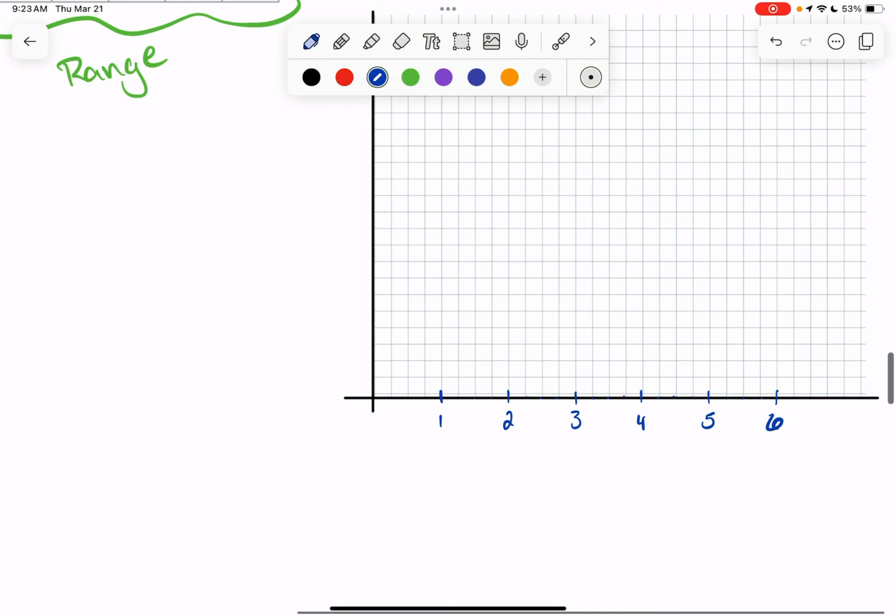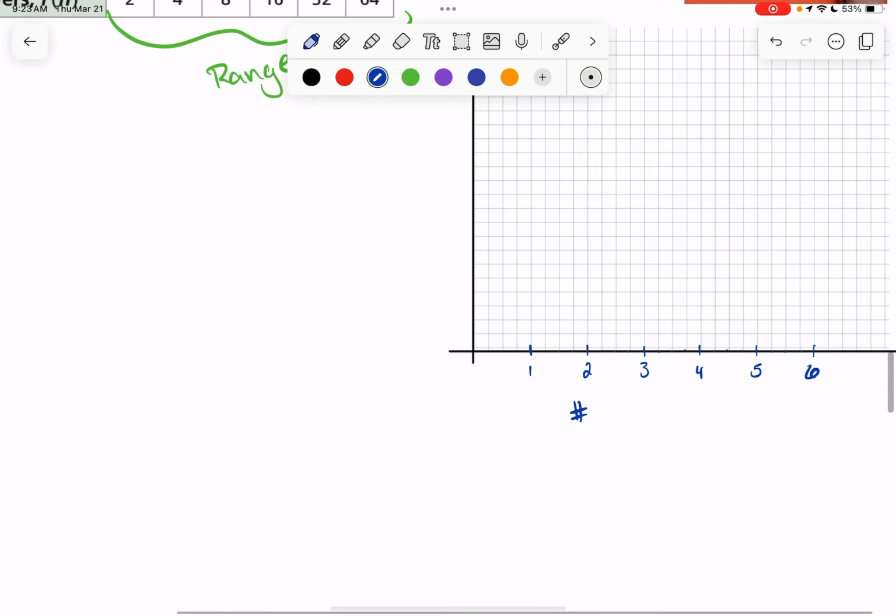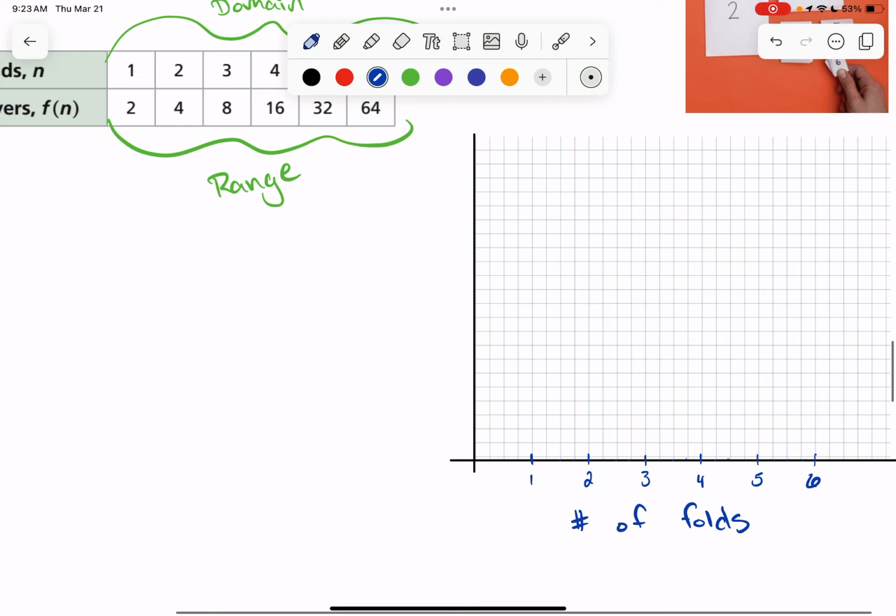So there are my 6 folds, and this would be the number of folds. My y would be the layers of paper, and I need to get from 2 to 64.